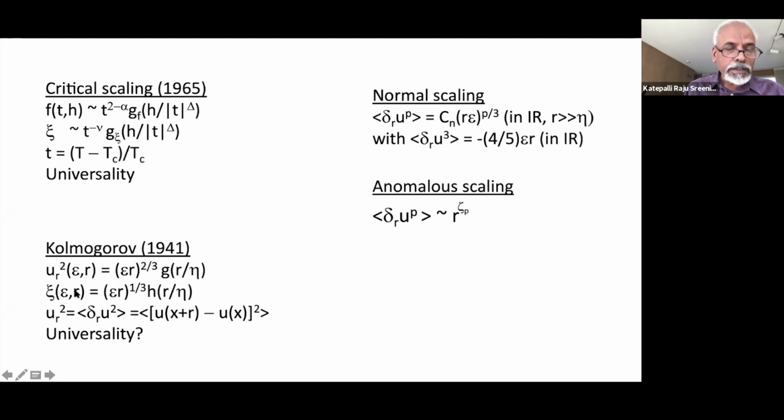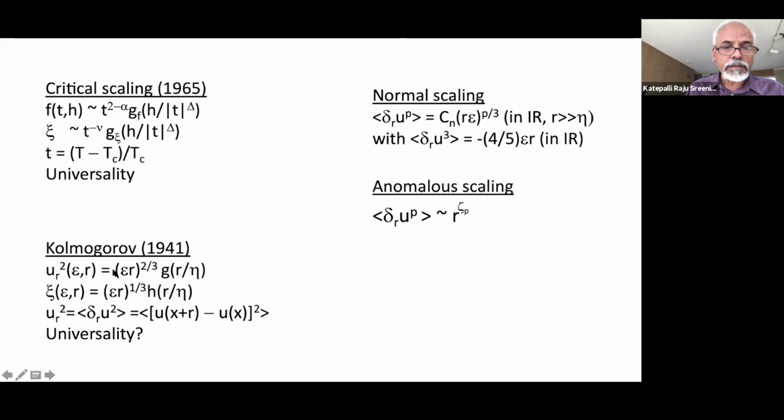If I know that these are true, then I can compute anything I want in the inertial range, certainly. And the question has been whether there is that kind of universality in turbulence. And it is asked in a more general form.